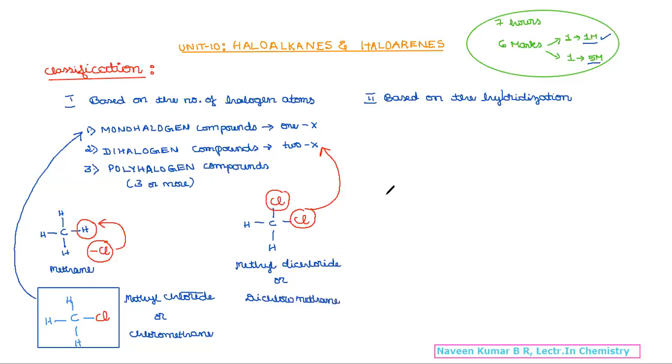We can take different examples, not only this. For example, if I take the ethyl group, it is CH3, CH3. Now from ethane, consider two hydrogen atoms are replaced by halogen atoms, that is chlorine.